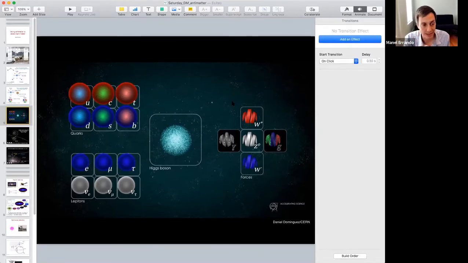So for instance, at the Large Hadron Collider in Geneva, we're basically smashing very energetic protons against each other, and then all sorts of different particles are created. And usually you try to bring more and more energy into these collisions.